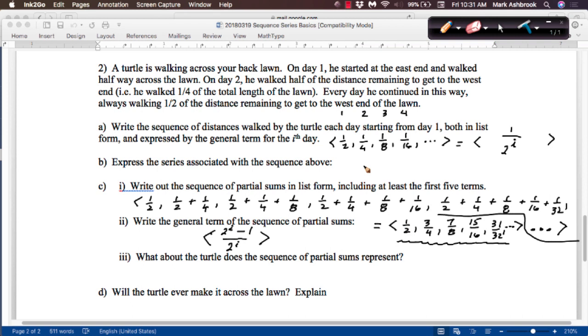What does the sequence of partial sums represent for the turtle? Great. What concept is that? Net accumulation of distance. This is like a net accumulation function. On the ith day, what's the total change he's made since the beginning? So it's a net accumulation function. Okay, will he ever make it across? Yes or no? Stay tuned next week. It's an exciting conclusion.